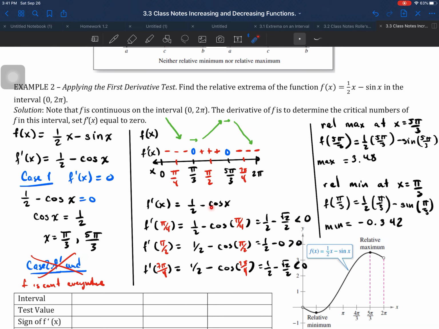I don't know why I didn't, but anyways, I could have. That would have been an easier number to work with. So you always want to pick numbers that are easy to work with, because we're going to take the cosine of it. So we're going to have to test them. So I'm going to test this number, and this number.